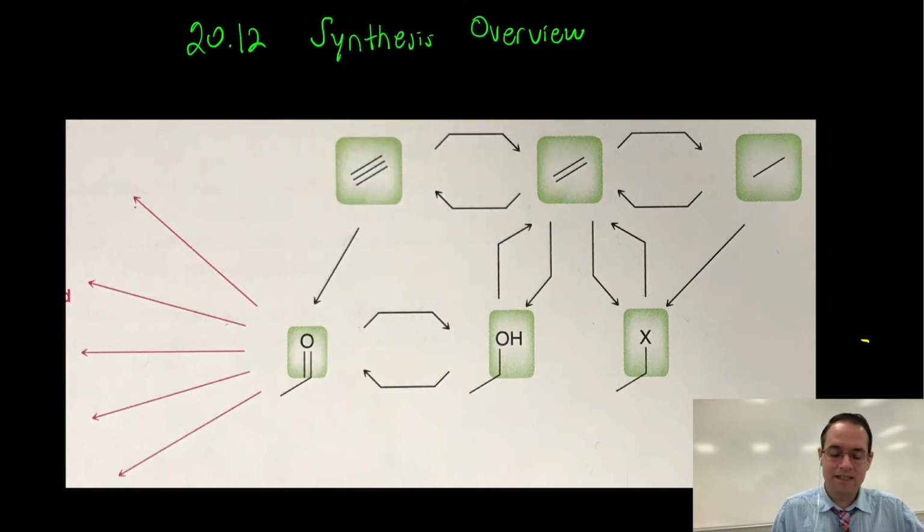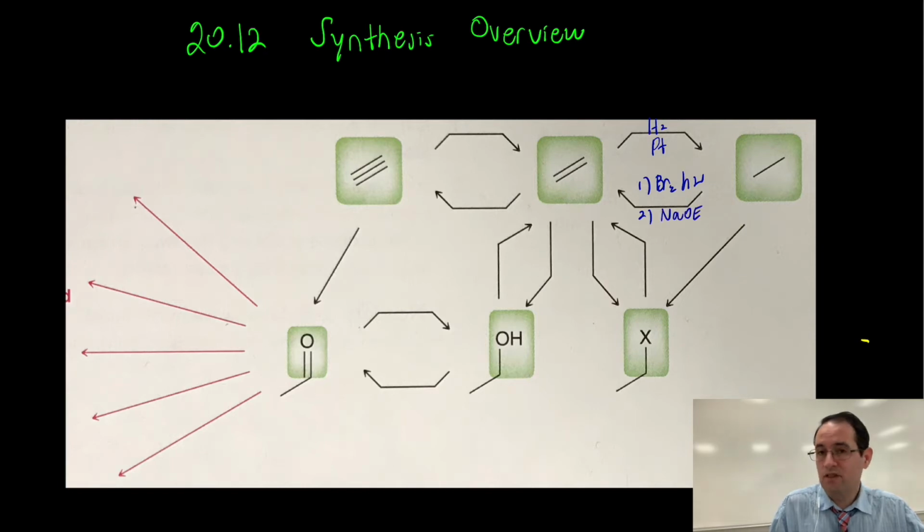To go from an alkene to an alkane, that's the simplest reaction. It's hydrogen with a platinum catalyst. To go from an alkane to an alkene, you might need to do a couple of different things. You might have to introduce a bromine atom using radical bromination, and then do some kind of elimination reaction.